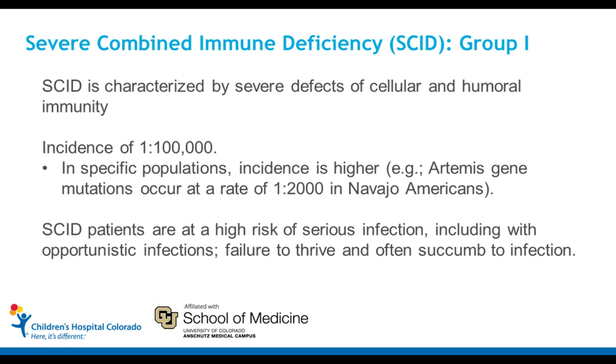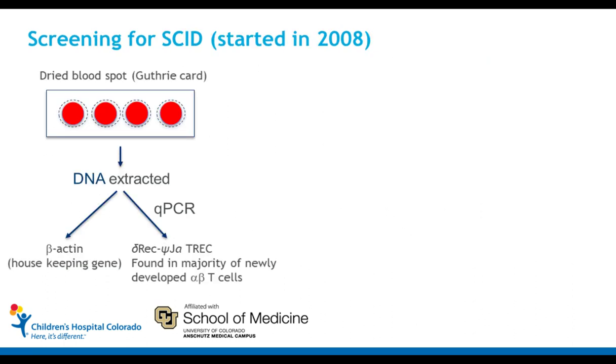There's failure to thrive, and unless it's recognized and treated immediately, these babies can succumb to infection. So SCID has been recognized as a disease that, if recognized early in life, can be treated and managed well, and in many cases give these babies a better chance at a normal, healthy life in the long run.